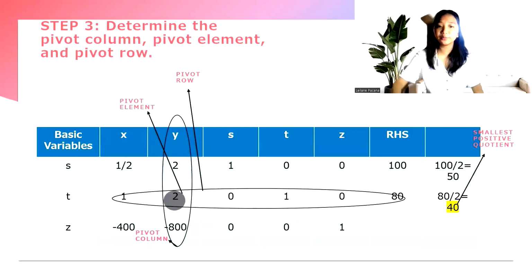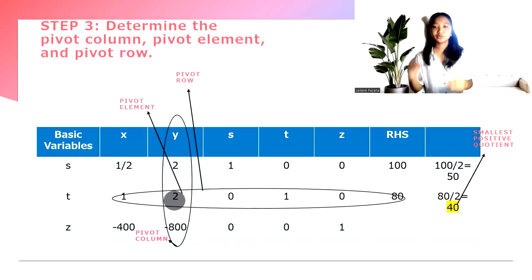So that's it. Now we have to perform pivoting, by determining our pivot column, pivot row, and our pivot element. To do that, we have to determine the most negative entry in our bottom row. Of course, that is negative 800. The column where negative 800 is located will now be our pivot column.